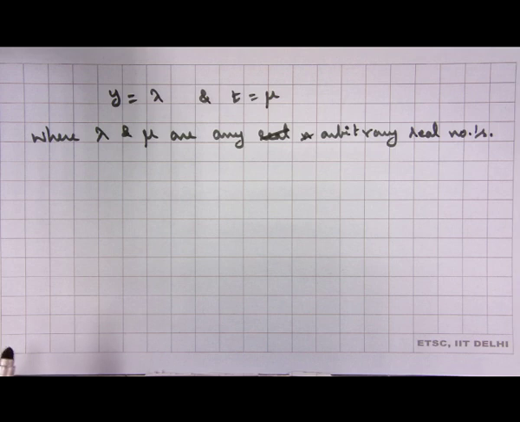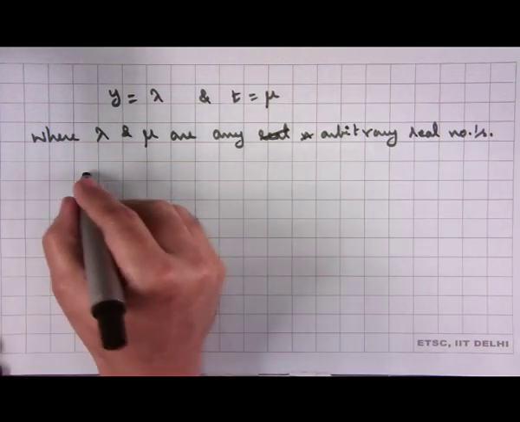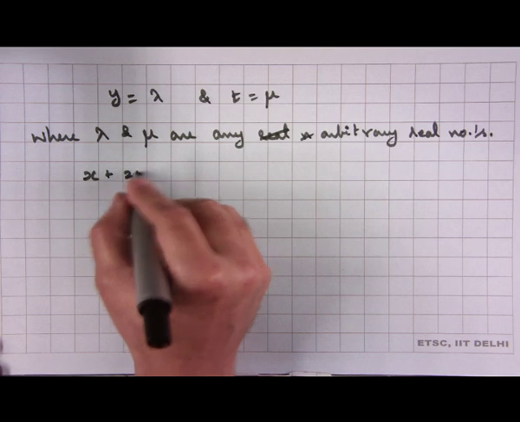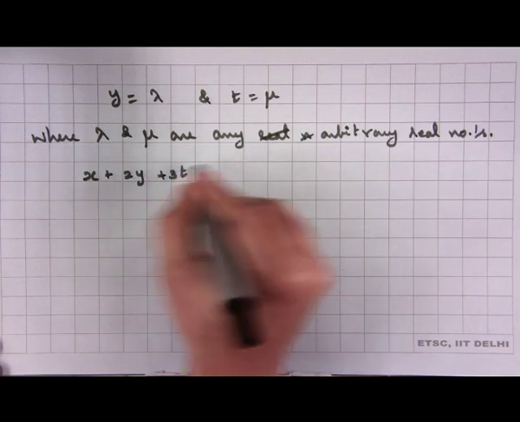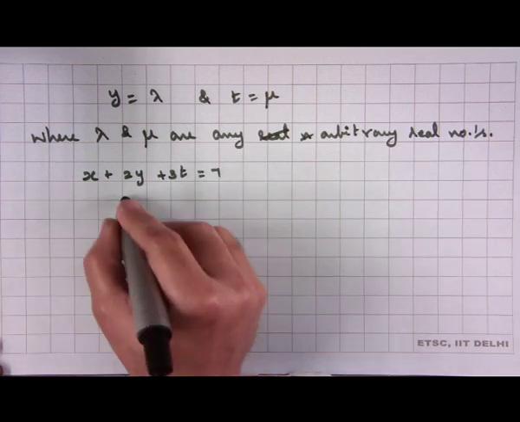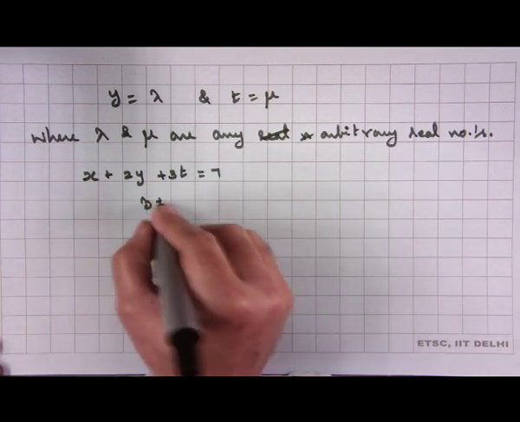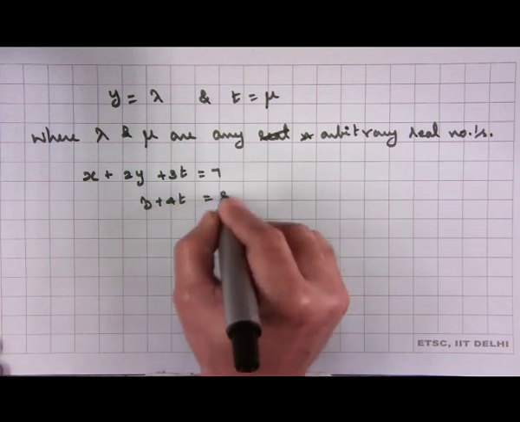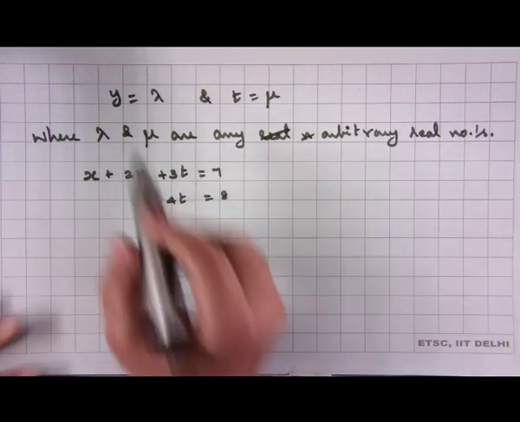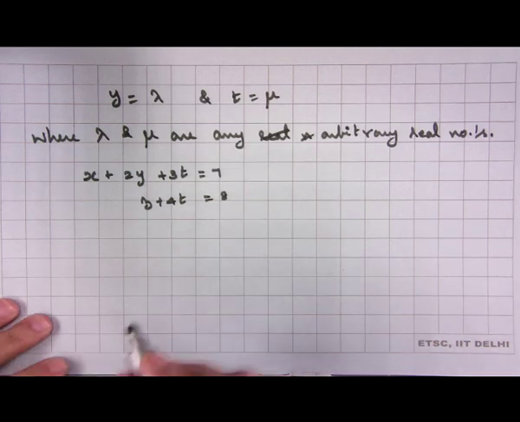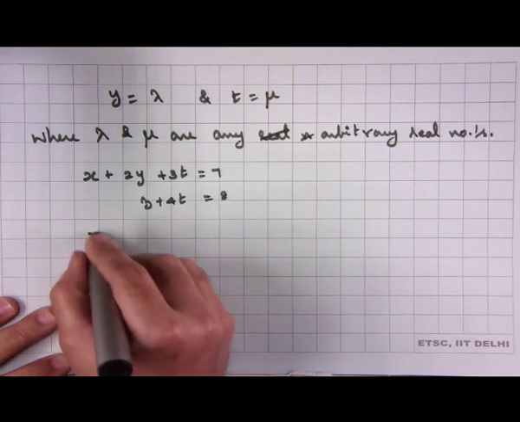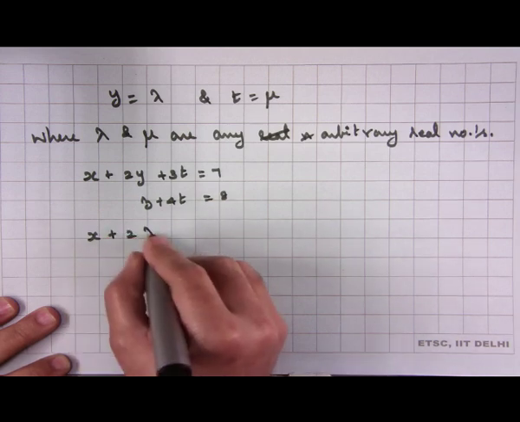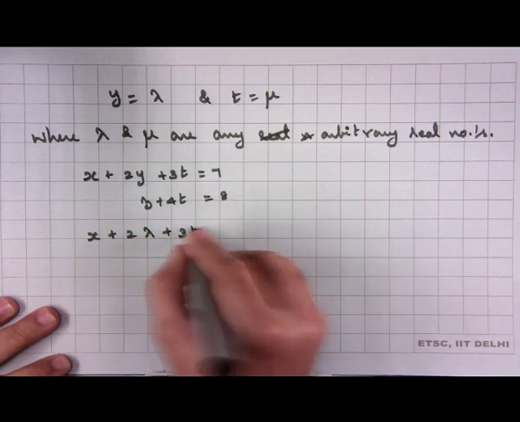Now, let us write down the equations again: x plus 2y plus 3t equal to 7, and z plus 4t equal to 8. Now just substitute y equal to lambda and t equal to mu. x plus 2 lambda plus 3 mu equal to 7.